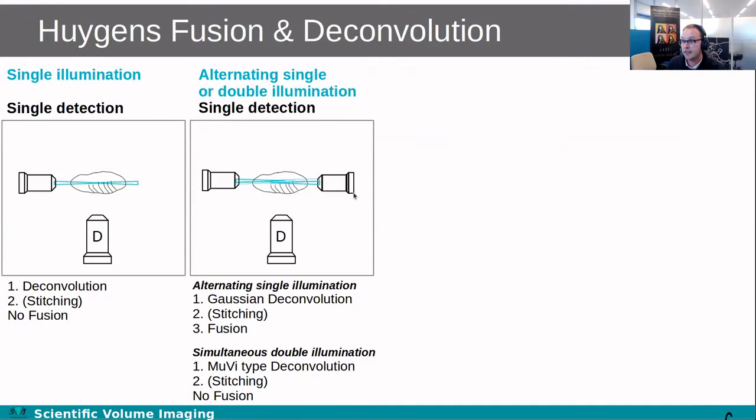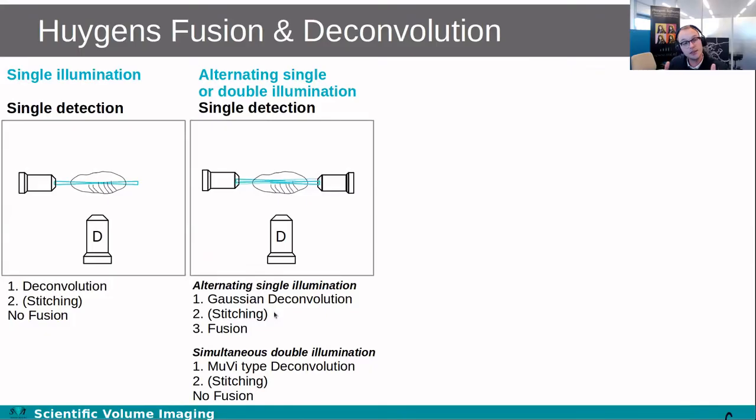Now, if I add another illumination objective, like with the multiple illumination, then you can choose to have alternating single illumination or simultaneous double illumination. So if you go for alternating single illumination, you want to do the deconvolution, potentially stitching, followed by fusion.